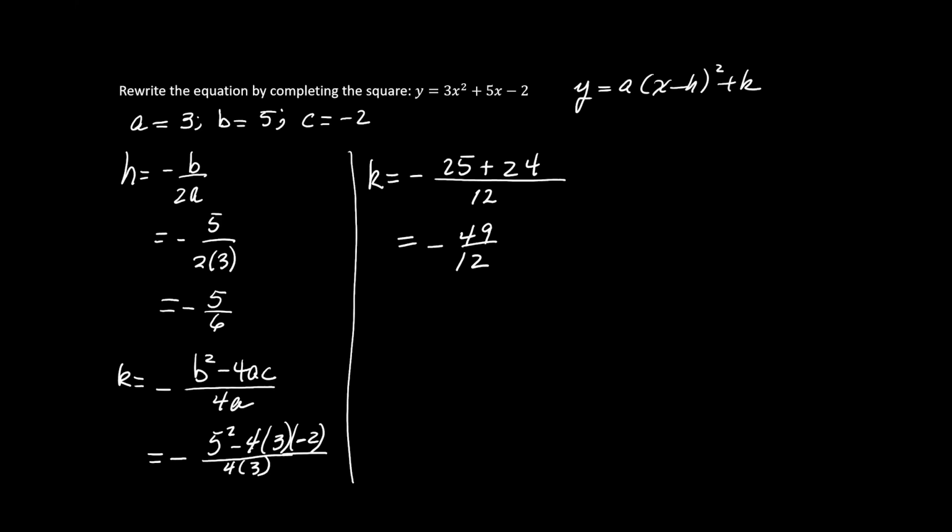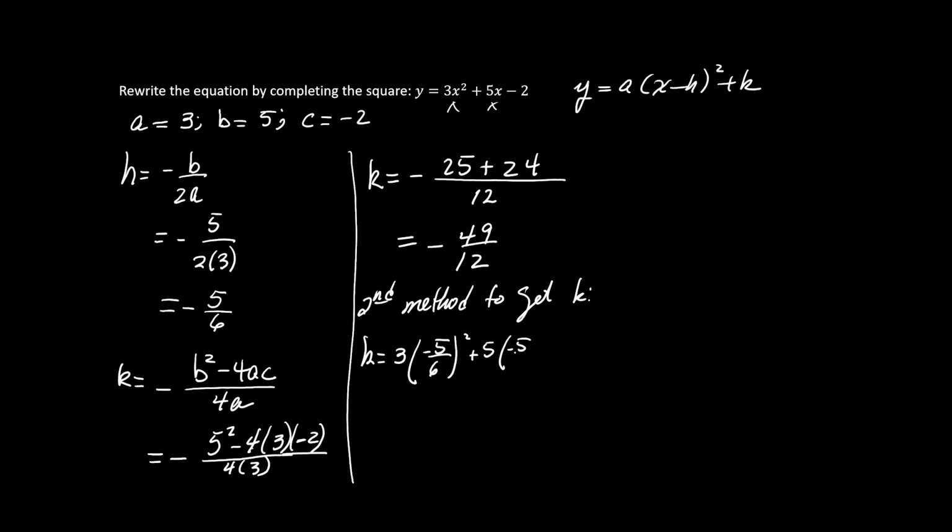So now, let me get k the second way. k equals, plug in h for x here and here. So it would be 3 times negative 5 over 6 squared plus 5 times negative 5 over 6 minus 2.